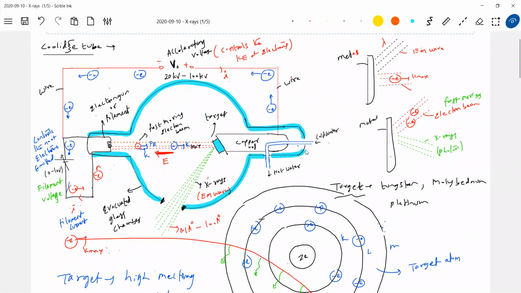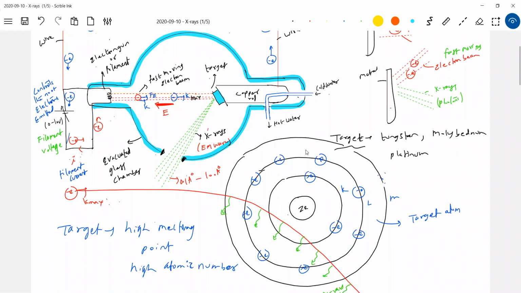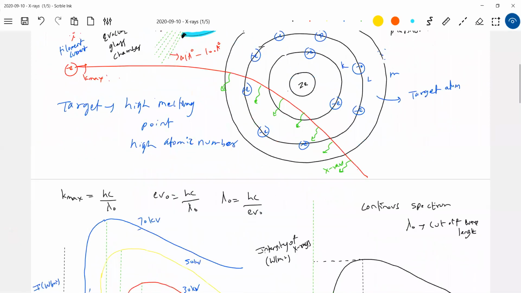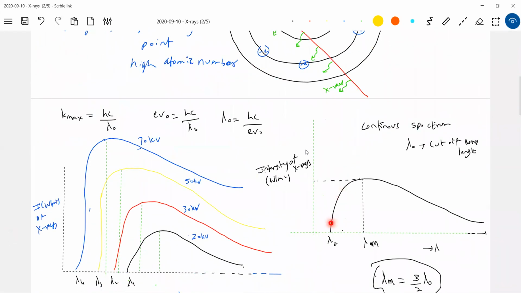Now if I increase the filament current, the number of electrons will increase, no? More electrons strike the target. Then what will happen? More photons will be generated. More photons means the intensity of X-rays increases.